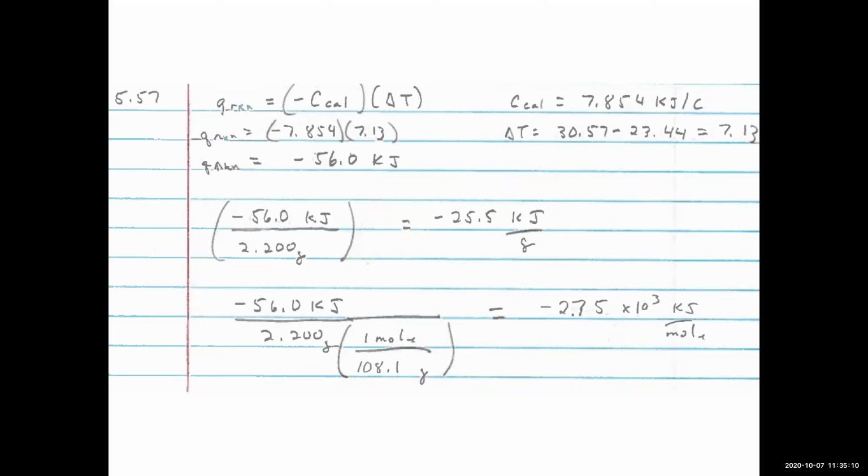And then we get a value of minus 2.75 times 10 to the third kilojoules per mole. So here we use that formula that we had earlier when we talked about the bomb calorimeter. Use that calorimeter constant that we were given, and then did some conversions to get it into grams or moles or whatever units we wanted.